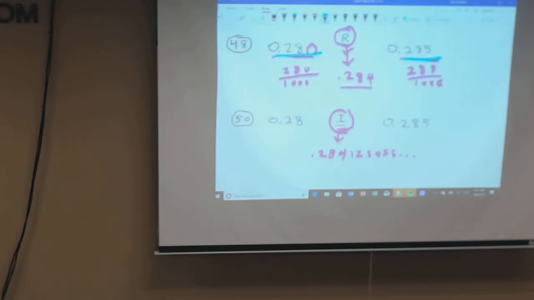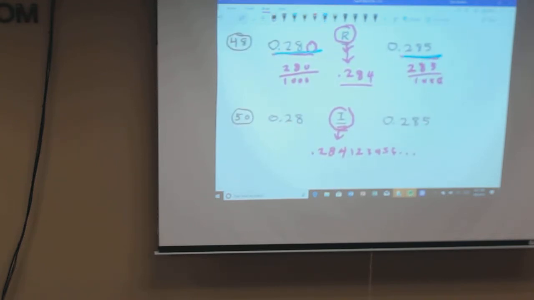For number 50, find an irrational number. Now they want me to take the same two numbers, so I add a 0 here and here, and then I want to find an irrational number. So there I just said 0.284 and stopped. Down here I say 0.284, but I want to make it irrational, so I just add 1, 2, 3, 4, 5, 6, dot, dot, dot.